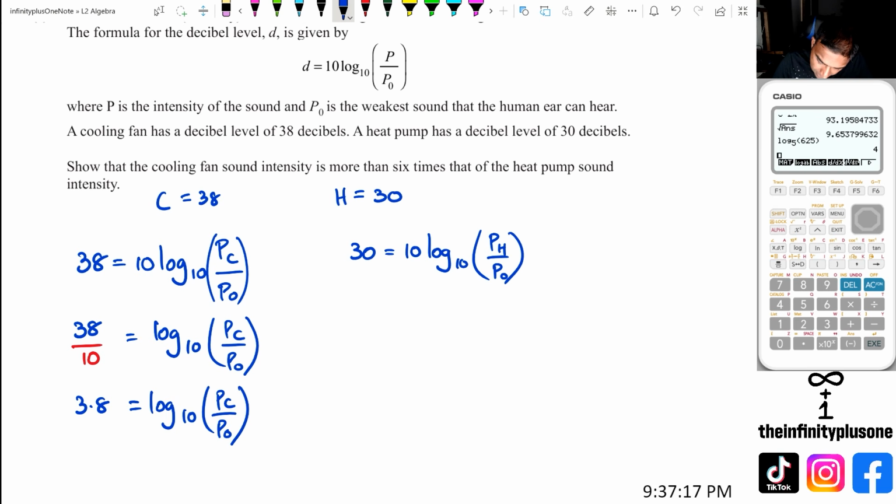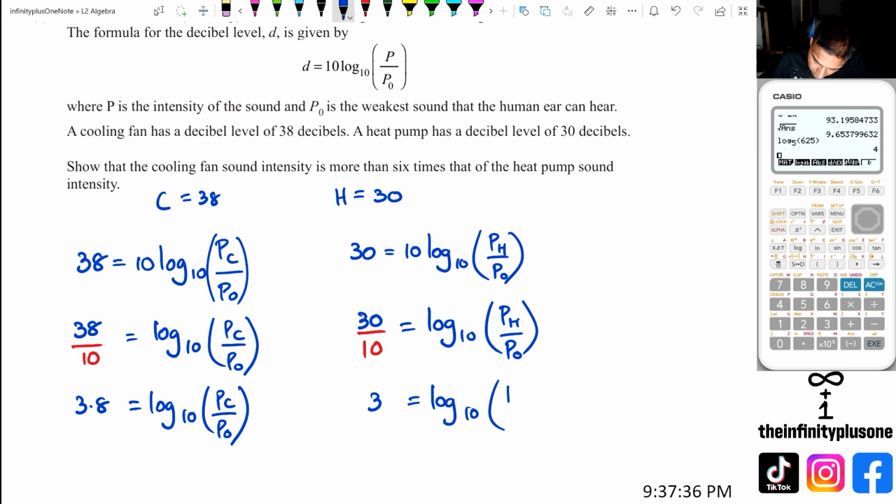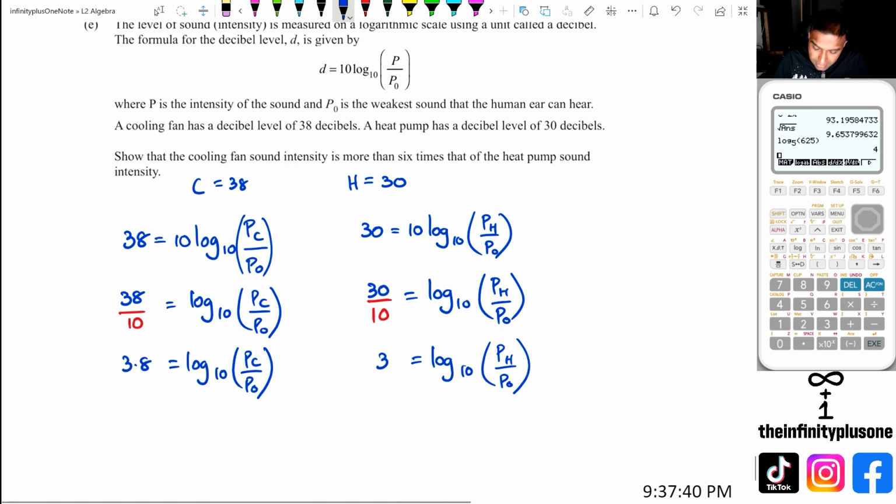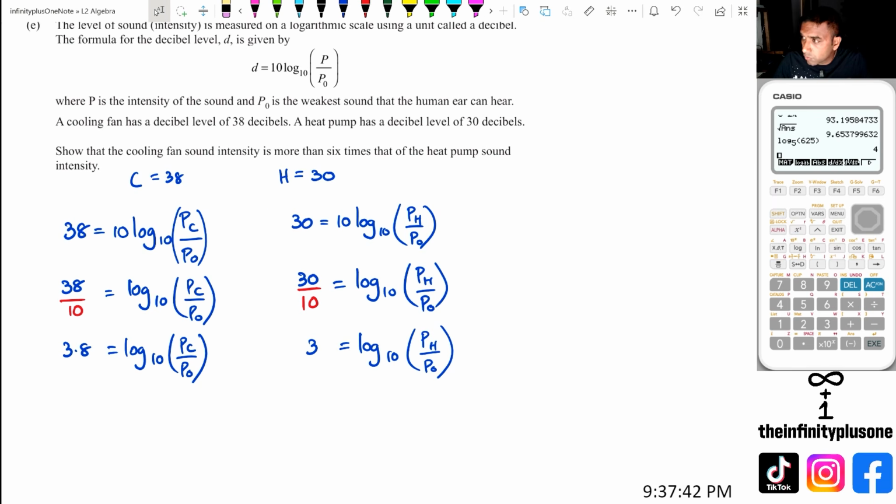And I'm going to do the same thing on this side for the heat pump. So I'm going to do 30 divided by 10, and that's equal to log10 of the intensity of the heat pump over P naught. So then I'm going to get 3 = log10 PH over P naught. All right, now we're going to have to use the log rules.